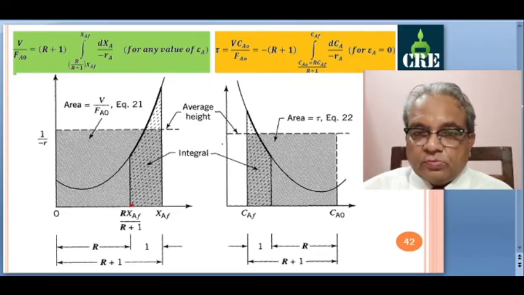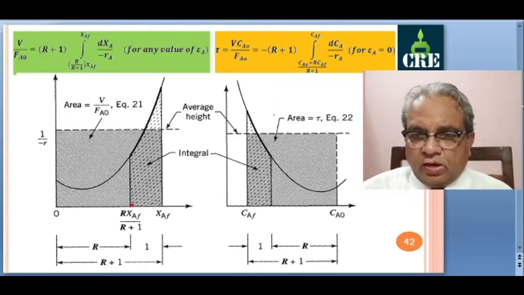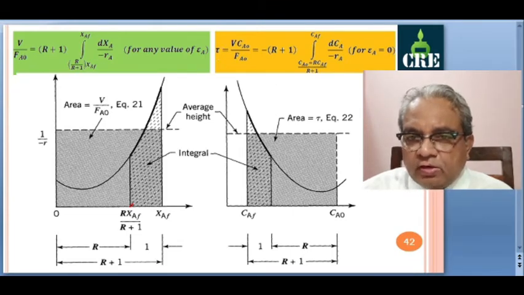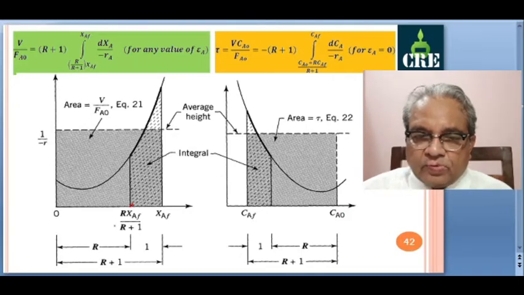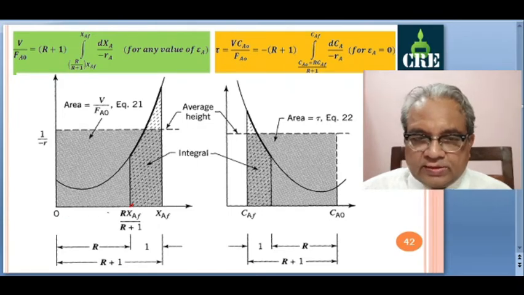Similarly here, this average height is a tricky thing, you don't get into this. You count the actual number of rectangles you get on your graph, as we have done earlier. And here the area under the curve will give you directly tau. CA0 to CAF, this is XAF to 0, or 0 to XAF. Now CA0 to CA final: here XA is increasing in this direction, so r and 1.